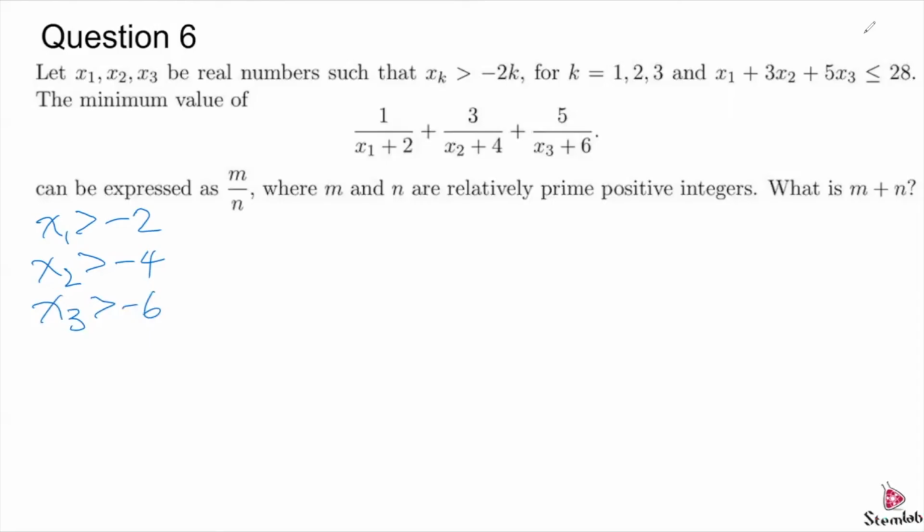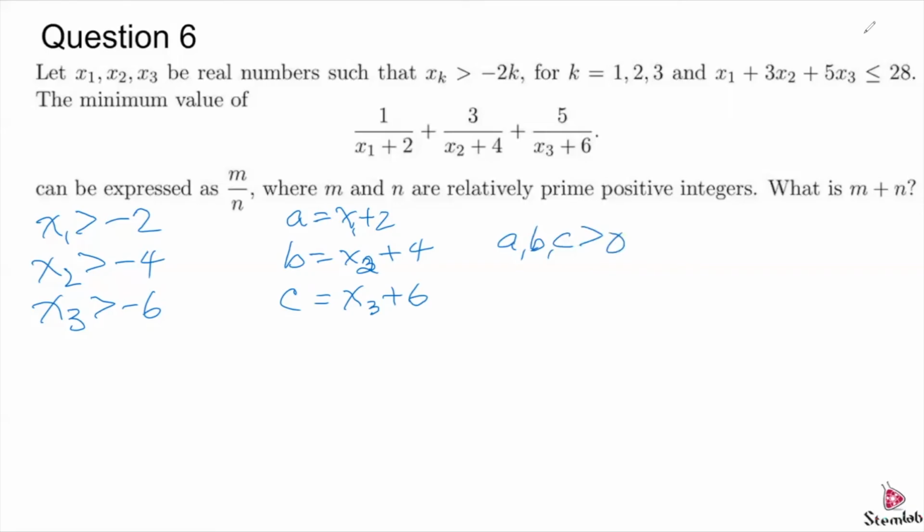So that we're dealing with positive numbers, I will let A be equal to x sub 1 plus 2, B be equal to x sub 2 plus 4, and C will be equal to x sub 3 plus 6.